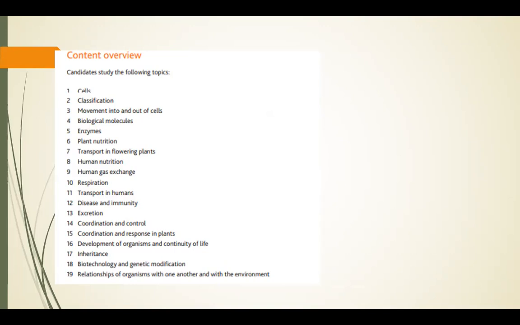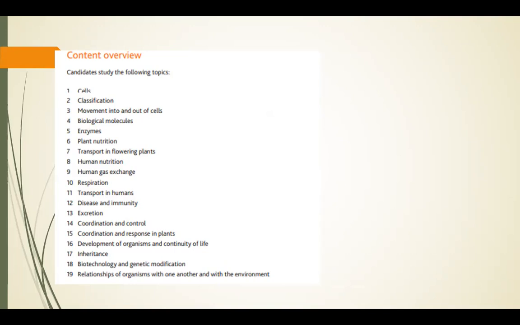Three important chapters, in fact, four important chapters are from plants: plant nutrition, which is related to photosynthesis, and then transport in flowering plants, which is related to transpiration, xylem and phloem structures. And then another chapter related to plants would be a part of chapter number 16, development of organisms and continuity of life, that will be dealing with the reproduction mechanisms in plants and coordination and response in plants.